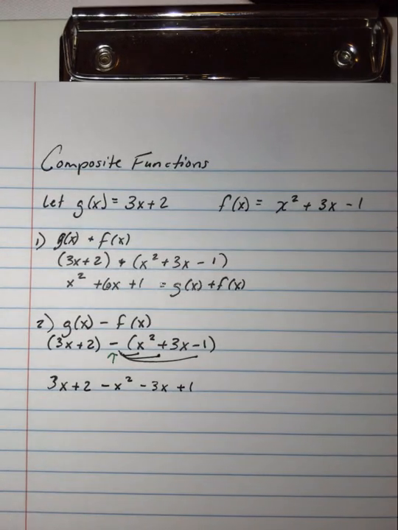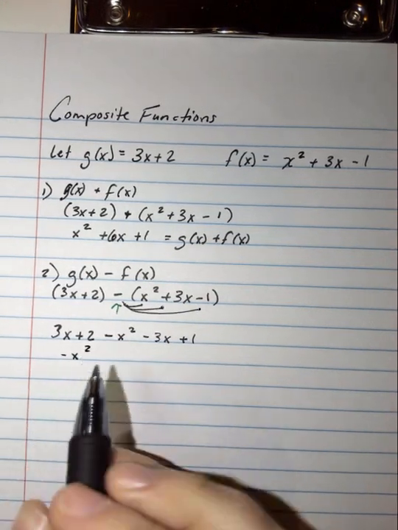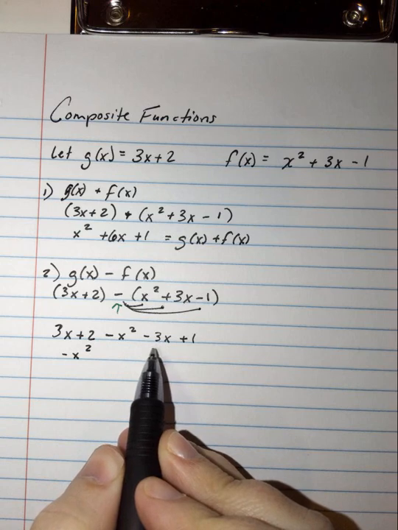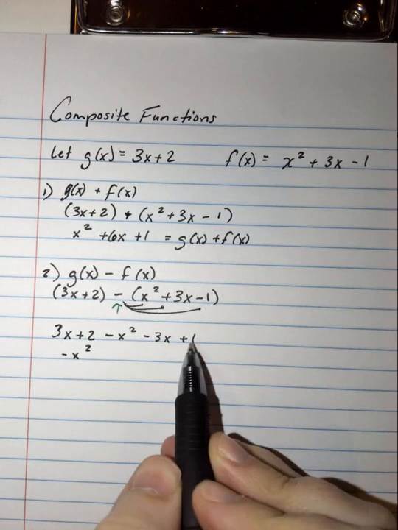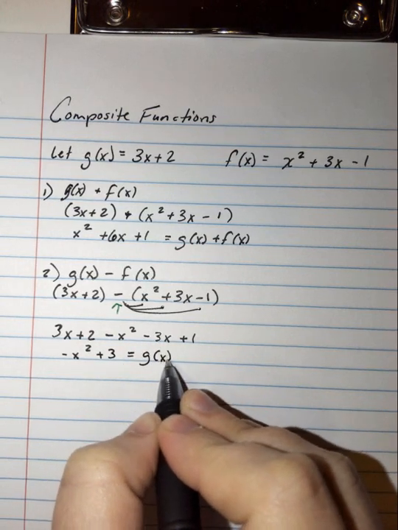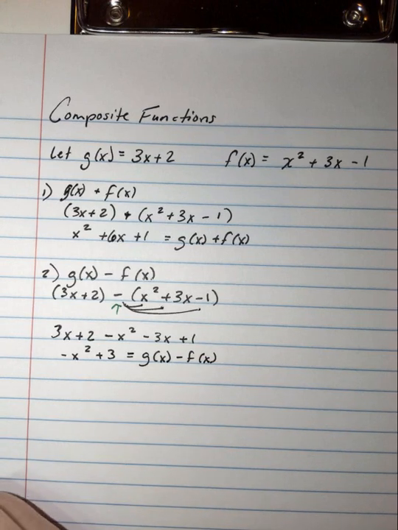And then I'm going to combine like terms. I have negative x squared. This time my positive 3x and my negative 3x, they cancel. They go to 0. And then my 2 and my 1 become 3. So g of x minus f of x is actually negative x squared plus 3.